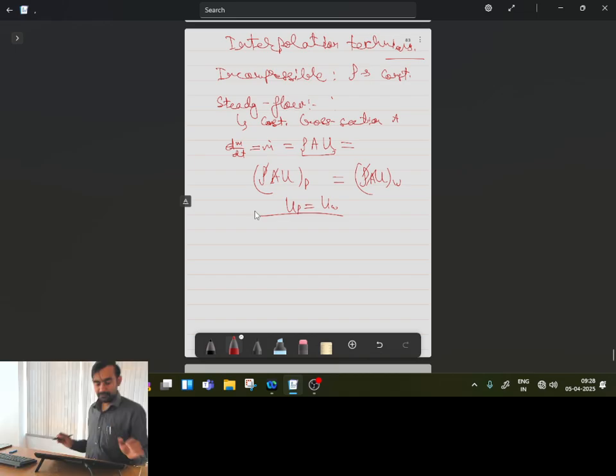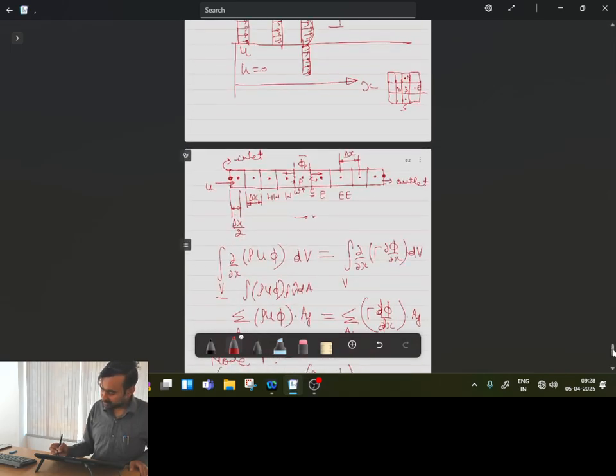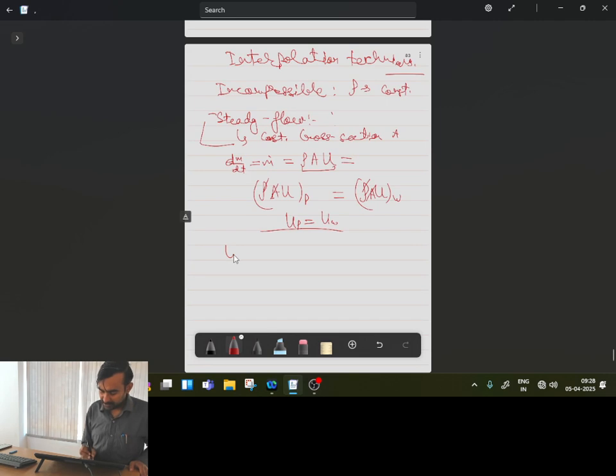If I invoke two conditions, steady flow as well as constant area, I will get that U_P equals U_W, and that will be equal to U. So in this particular physical system, whatever U I am supplying at the inlet, the same U will be there throughout the pipeline.